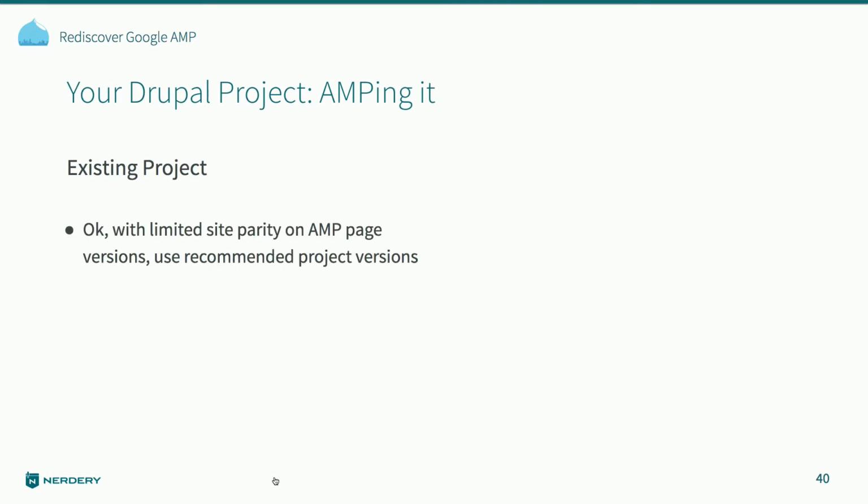So you have an existing project. If you don't need site parity between your full site experience and the AMP page, and you're just looking to get the performance benefits and hoping to get a higher page ranking in Google search results based on that performance indicator that's going to happen next month, then using the 8.x-1.x versions or the 7.x-1.x versions of the module and theme is a great solution.